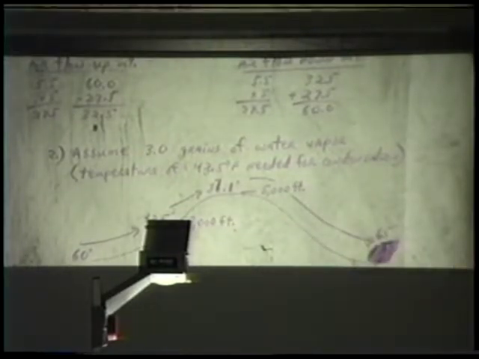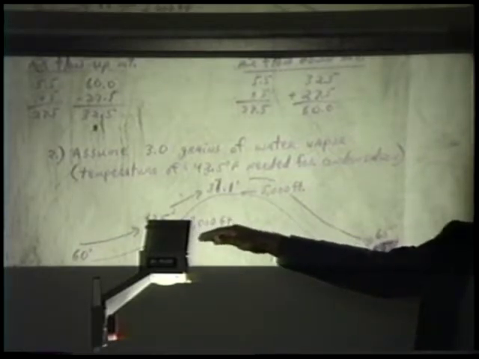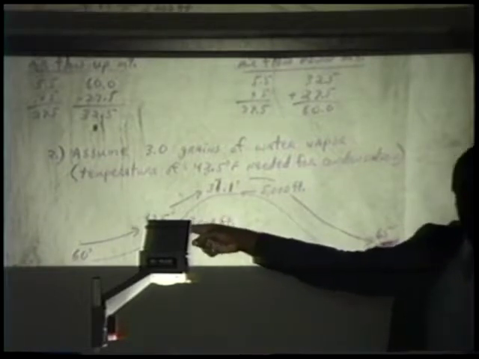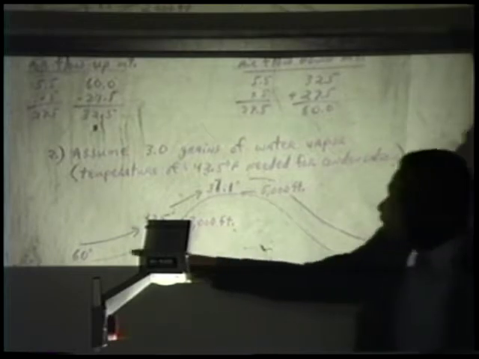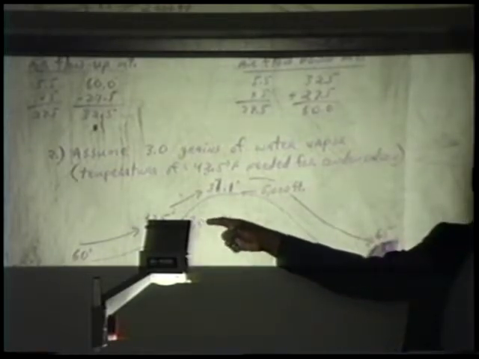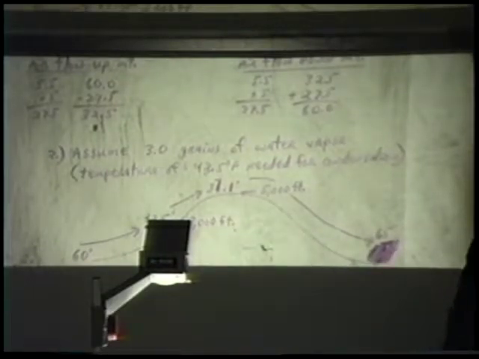Now, it's very important to keep in mind that there is a drastic difference in the rate at which the temperature of the rising air decreases as it moves beyond the dew point temperature. As the rising air gets up to the dew point elevation, 3,000 feet, it will cool off at the dry adiabatic rate, which is 5.5 degrees Fahrenheit per 1,000 feet.